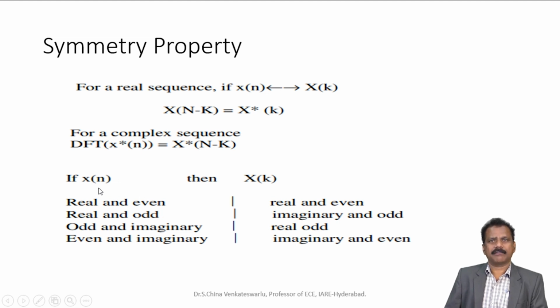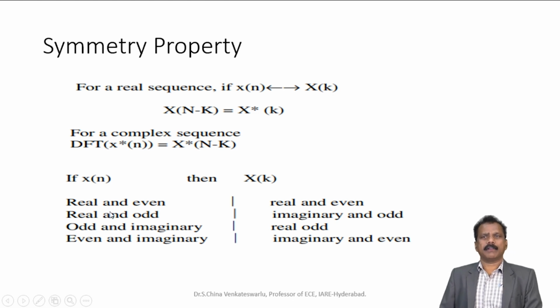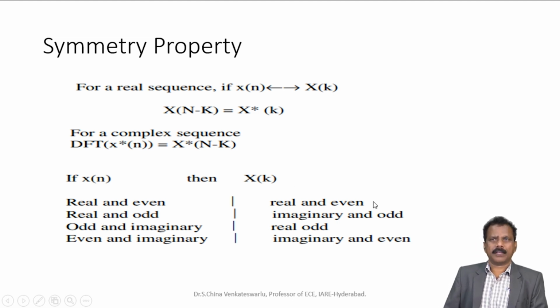If x of n is real and even, we verify this case for x of k. Here is the representation of the inverse discrete Fourier transform and the DFT. Here x of n is real and even, and x of k is real and even. But if x of n is real and odd, then this case is imaginary and odd. You can easily distinguish x of n and x of k. Under this, x of k is odd and imaginary. Coming to x of k real and odd.